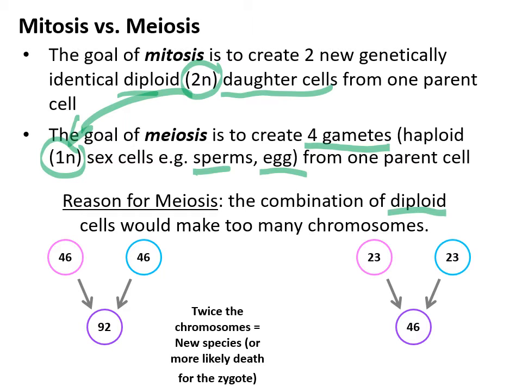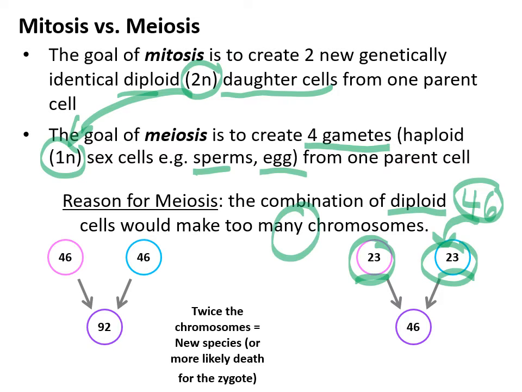So if two individuals are to combine their genetic information to create the next generation, we can only use half of the original information. So if an individual starts with 46 chromosomes, they're going to have a way of getting that number down to 23 chromosomes.